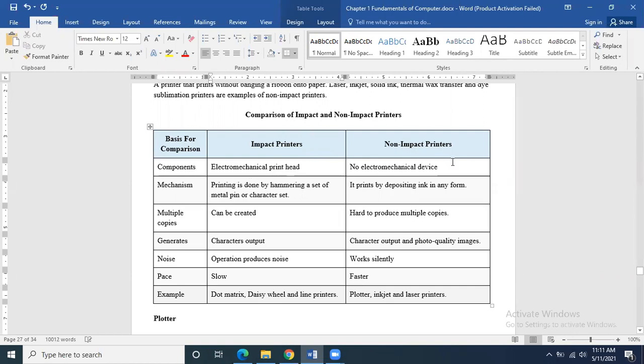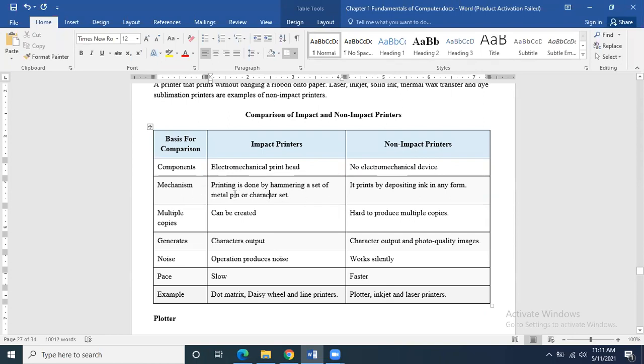In the impact printer there is an electromechanical print head, and there is no electromechanical device in the non-impact printer. The electromechanical print head is basically a striking mechanism. I will also share with you videos in this lesson where you can see the inside working of these printers, in your Google Classroom.